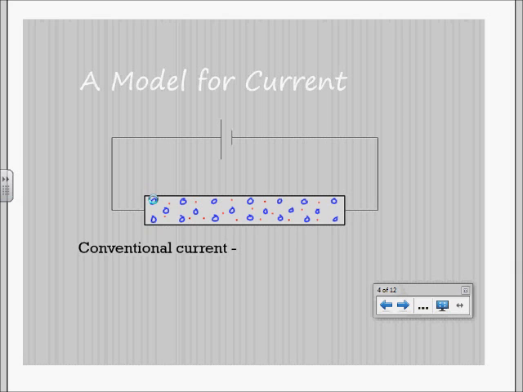If we have a switch, let's say we have a switch over here, when you close the switch, then you make this left-hand end positive, the right-hand end negative, because the electrons are negatively charged. They experience a force towards the left-hand end.